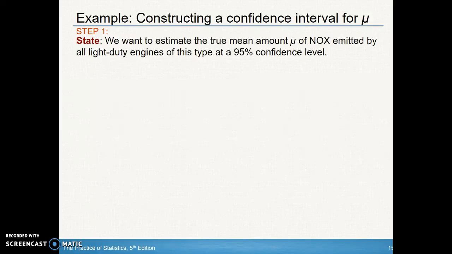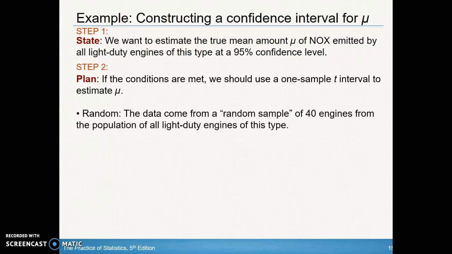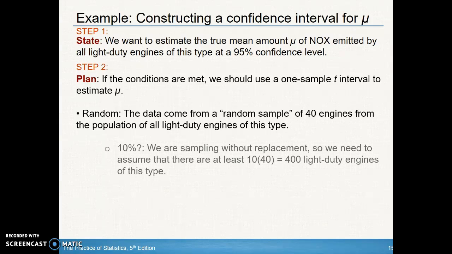So first of all, you have to consider, well, what is the problem? What is our parameter? We want to estimate the true mean of NOx emitted by all light-duty engines. Okay, if the conditions are met, we should use a one sample t-interval. So we check to see if it's random, and it said it was a random sample of 40 engines.